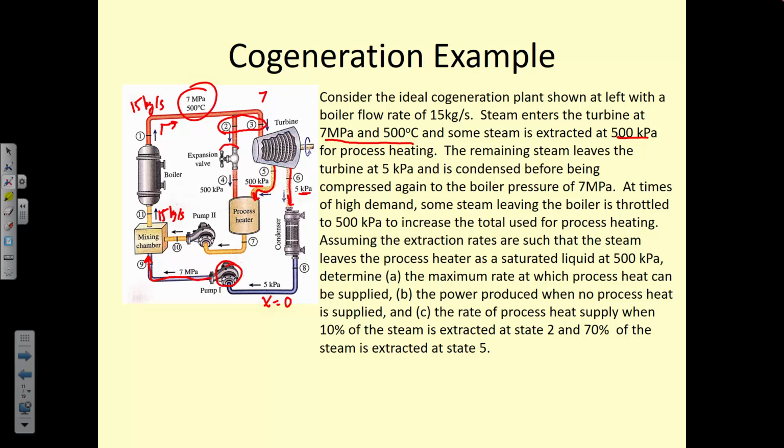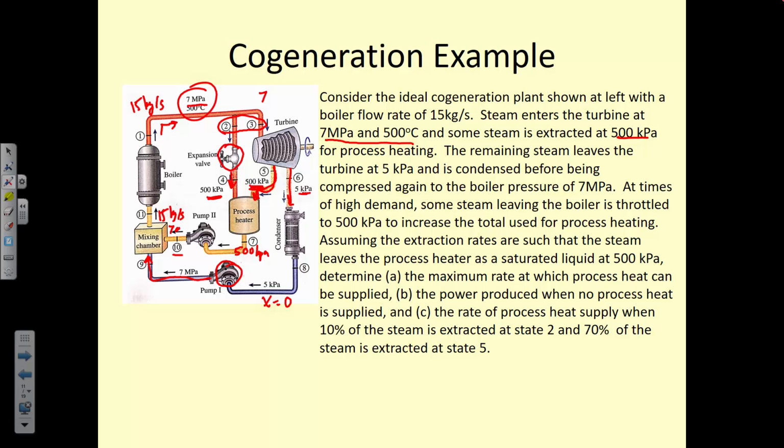So when we throttle our steam here, it starts at 7 megapascals. We need to throttle it down to the same pressure that we're bleeding off of the turbine. So in this case, it's 500 kilopascals, which means also that in this process heater, which is essentially a mixing chamber as well, we're going to have 500 kilopascals coming out. And then our pump is increasing the pressure. What is it increasing the pressure to? State 10. 7 megapascals.